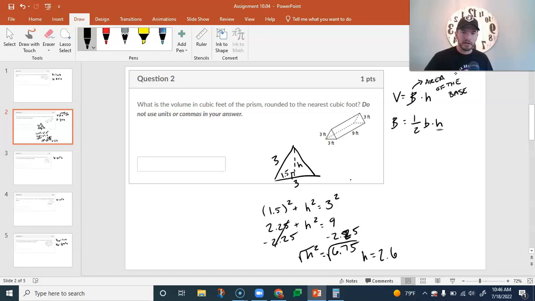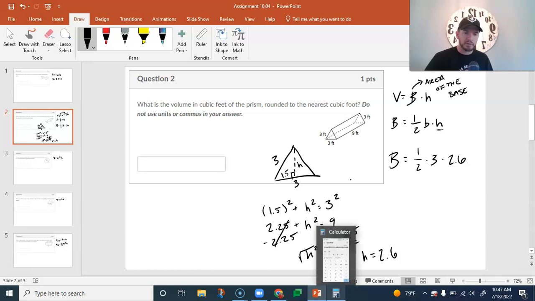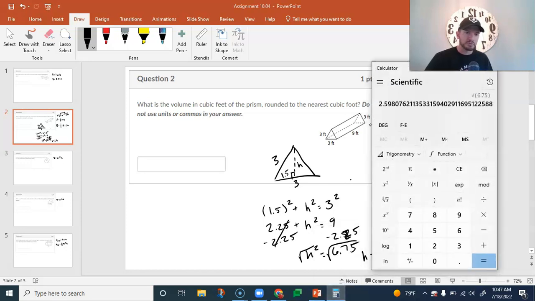All right, so now we know the height, we know the base, and now we can plug it into this formula here to find the area of the base. So let's do that. So it's going to be 1/2, the base is 3, and the height is 2.6. And so let's just multiply this out. For my purposes here, I'm just going to leave this big number here just so we get the exact answer.